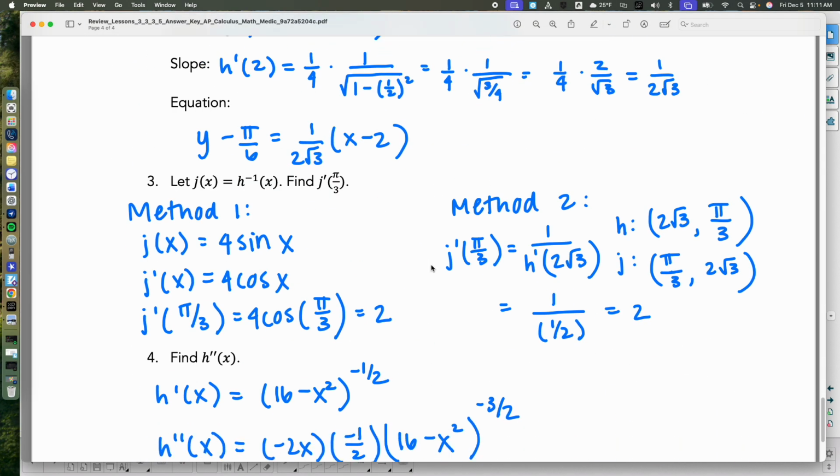What did we do? 3? All right. It's 2. I will attach this. I'll put this answer key in the folder for you guys so you can look things up too.